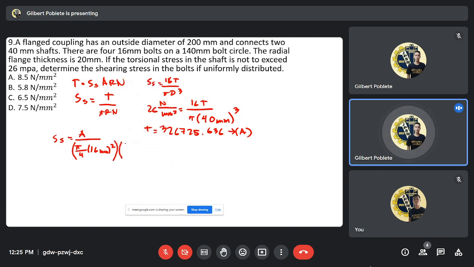The radius ng bolt circle natin is 140 over 2 times number of bolts, which is 4.